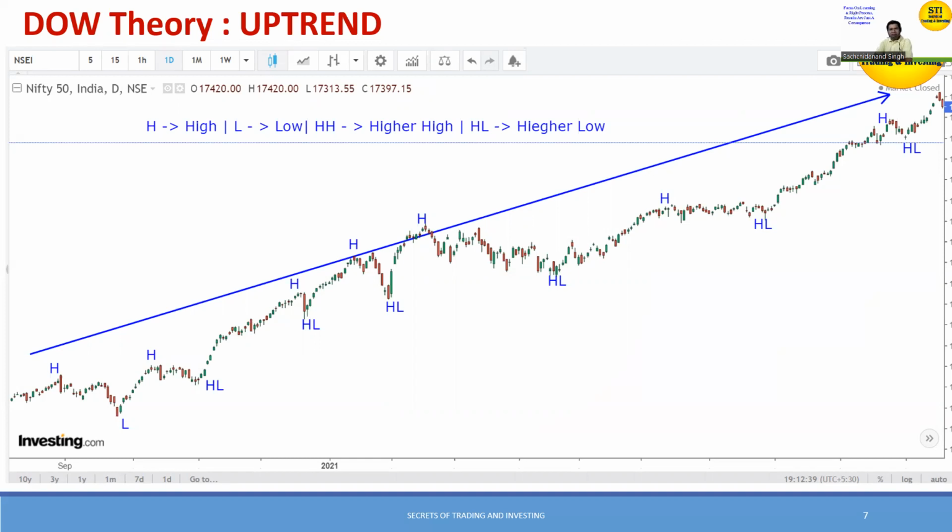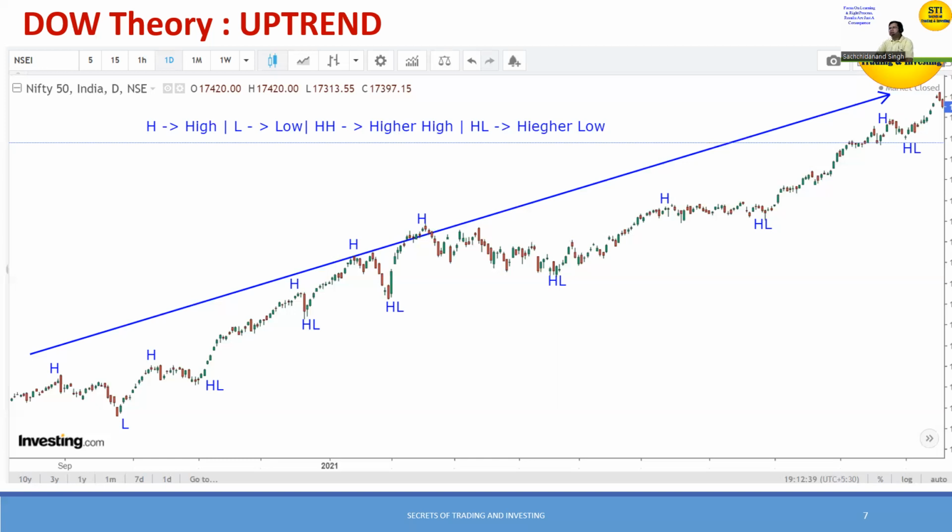When I say who you are, we'll learn about this when we learn about the concept. If you are a day trader, you will be looking at the chart in a shorter time frame. And if you are a positional trader or a long-term investor, you should be looking at the chart in a daily, weekly format.